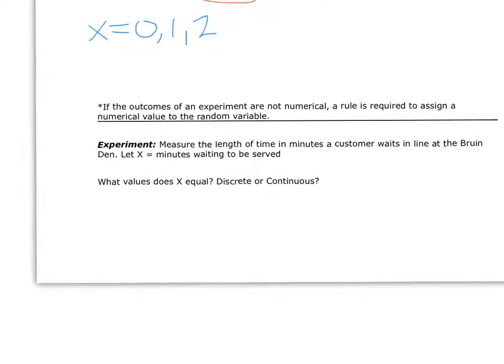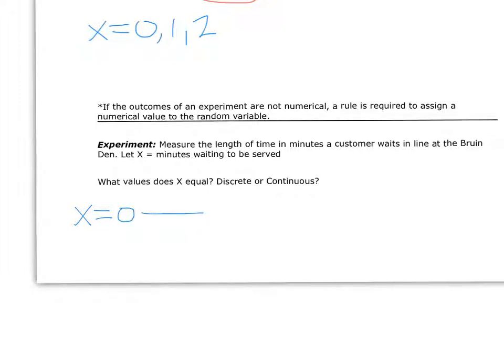All right, let's look at this next one. Our experiment is we measure the length of time in minutes a customer waits in line at the Bruin Den and let x equal the minutes or partial minutes waiting to be served. So we want to think about what values x takes on. Well, x can equal 0. We can have 0 minutes of wait time, or it can equal any value up to, I don't know, some maximum value until they close.